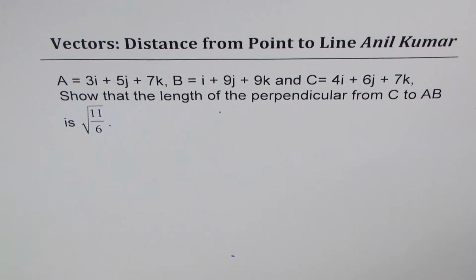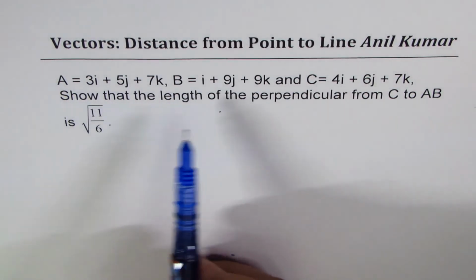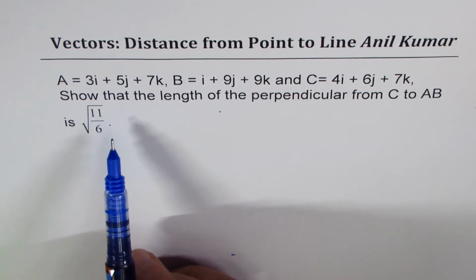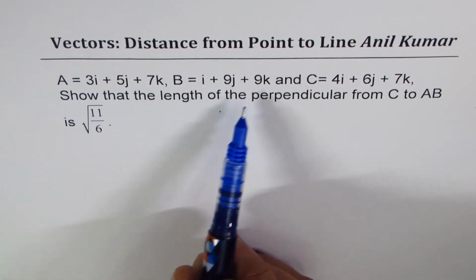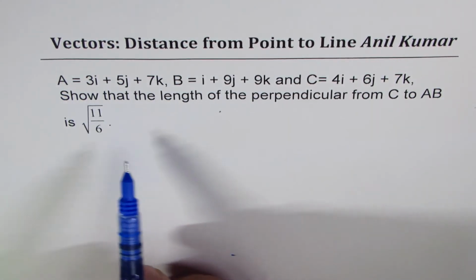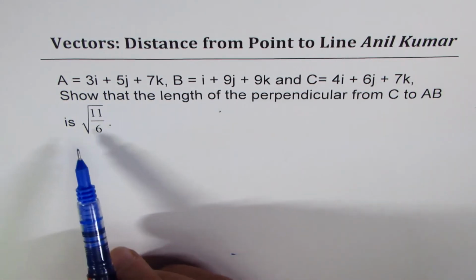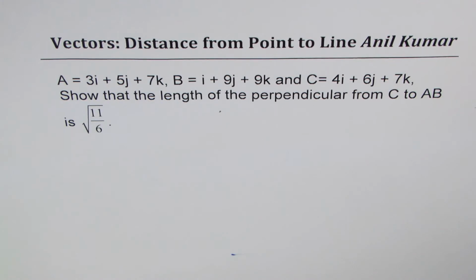Now let's do the final part. In this question, we are working with points A, B, and C. We already found the point D, which is the foot of the perpendicular. And in this part, we'll show that the length of the perpendicular from C to AB is square root 11 over 6, right?